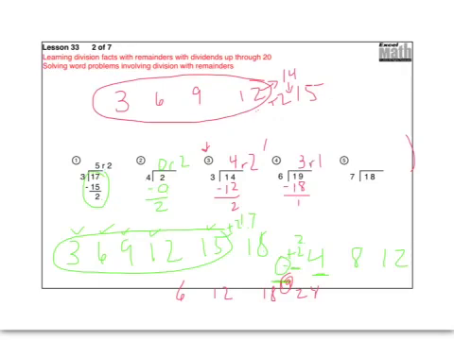Subtract and get 1. 3 remainder 1. How many times does 7 go into 18? 7, 14, 21. 21's too big because 18's right here. So it goes in 2 times, because 7 times 2 is 14. Subtract and get 4. So the answer is 2 remainder 4.